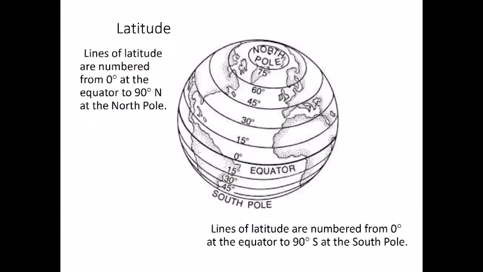The lines of latitude are numbered 0 degrees at the equator, and as you go above or below, the angle keeps on increasing, such that it is 90 degrees at the north pole and 90 degrees at the south pole as well.